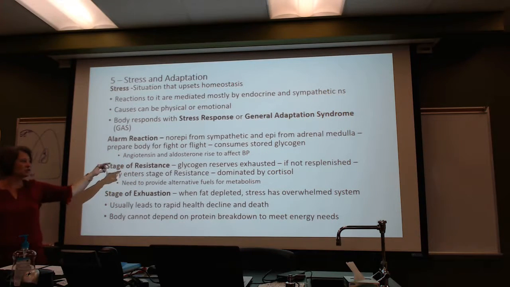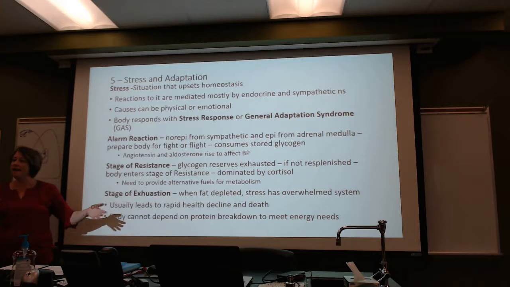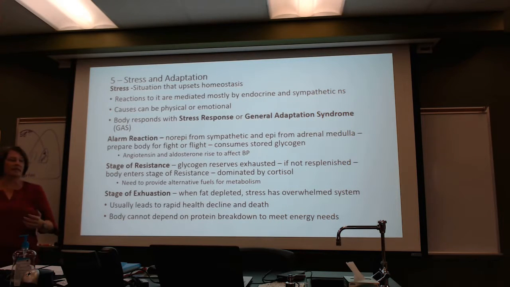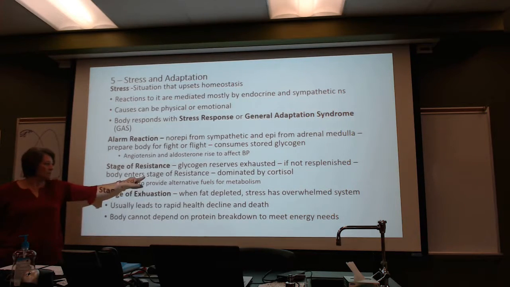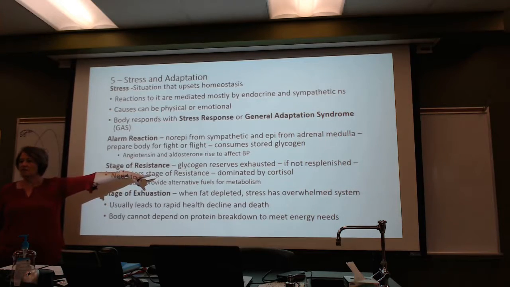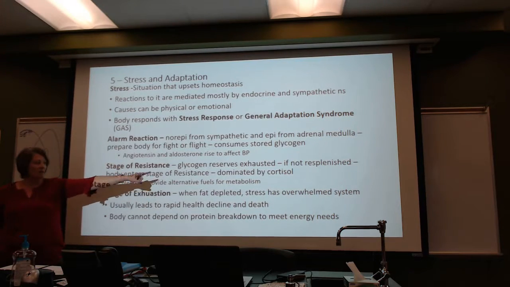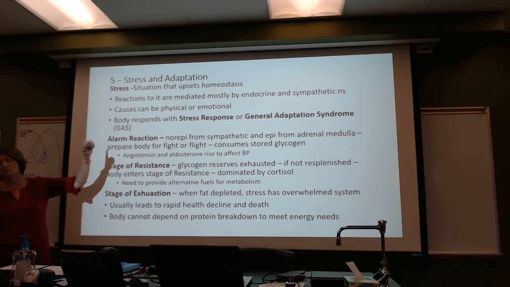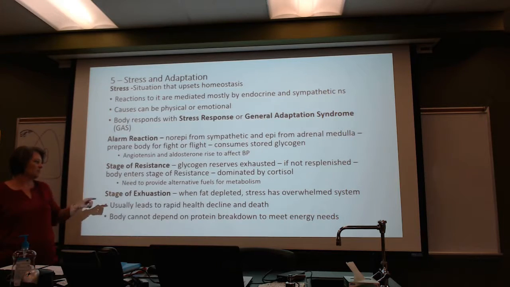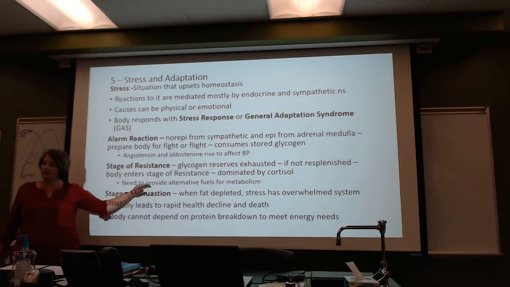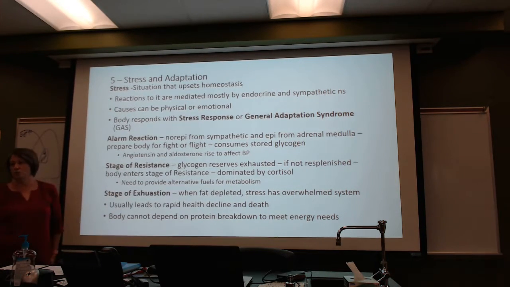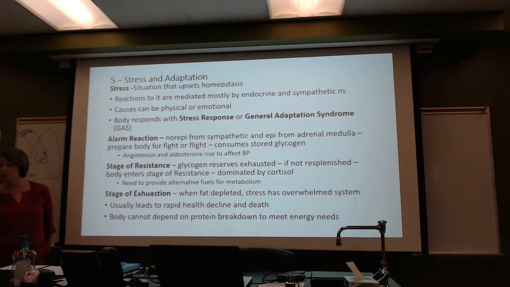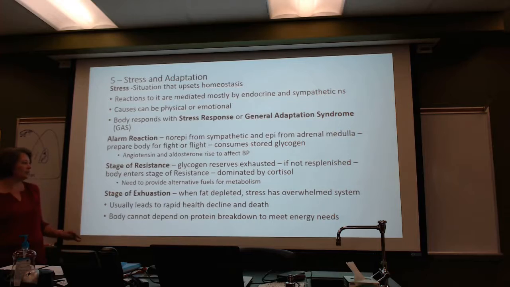Definitely not getting nutrients in a proper amount, proper time, whatever the case might be. It begins to reach the stage of resistance. This one is dominated by cortisol. Not the best hormone to get released. It's going to need to look to alternative fuels. For example, proteins of the body, which is not good.